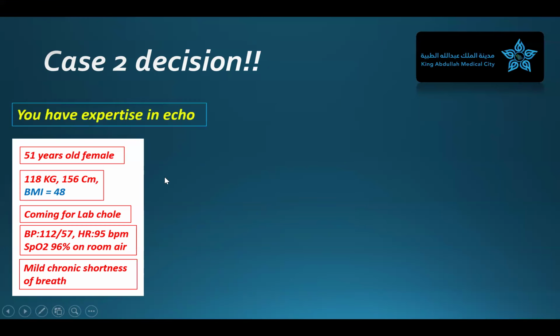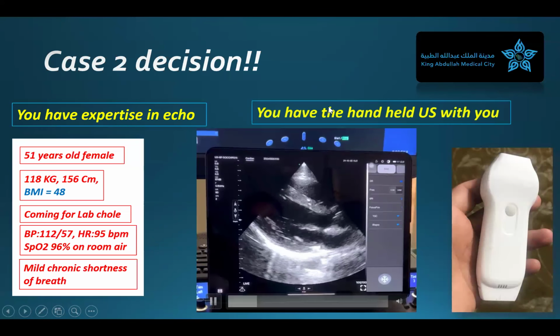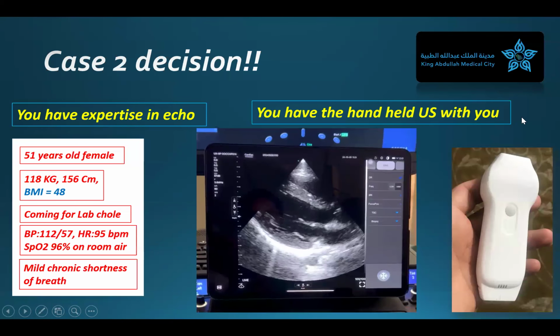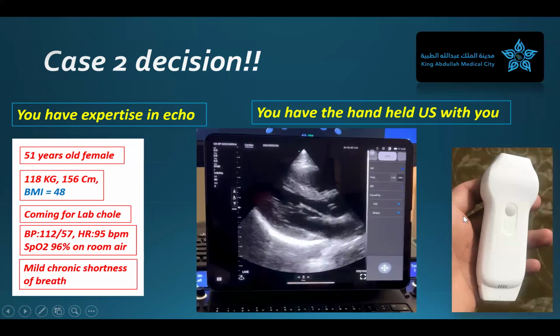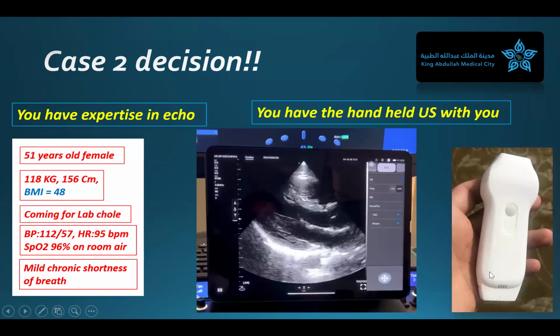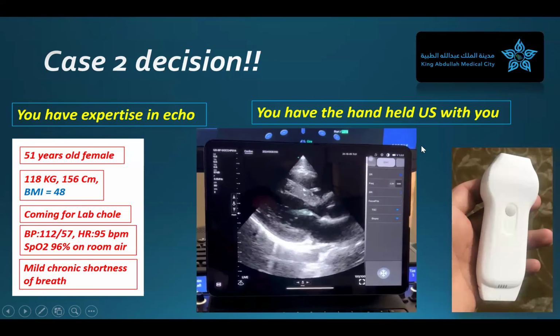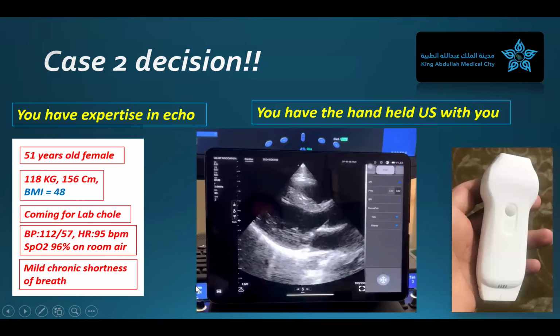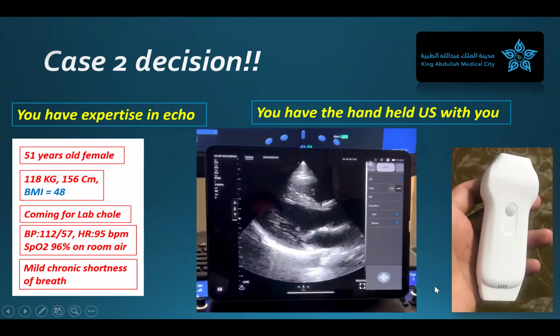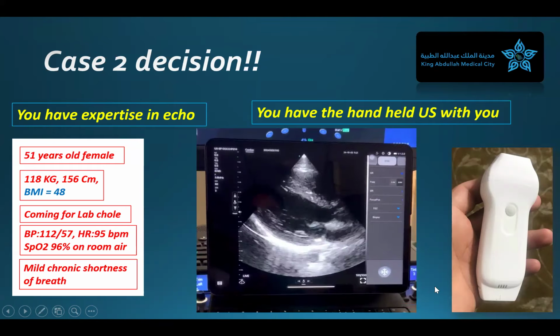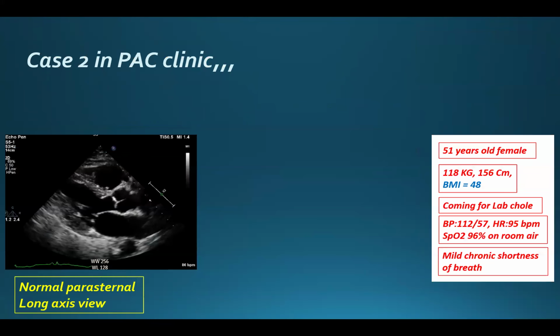You have expertise in echo. Not only this, you have the handheld ultrasound with you in the clinic. This is a basic handheld echo machine connected wirelessly to your tablet PC or mobile, and it can give a clue to what is happening. So you decide to put a handheld echo on the patient in the anesthesia clinic.